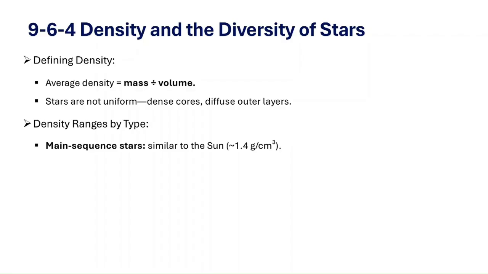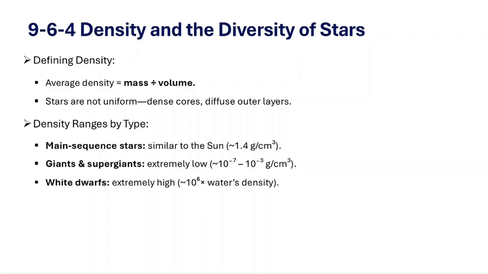And giants and supergiants are extremely diffuse, with densities ranging from about 10 to the minus 7 to 10 to the minus 3 grams per cubic centimeter. And that is far less dense than air on Earth. So these stars are enormous in size. Even though their mass may be high, their volume is huge, resulting in low density.